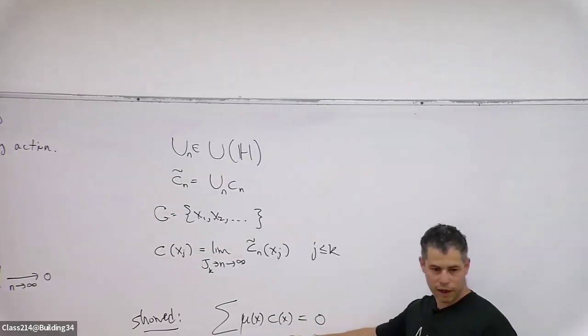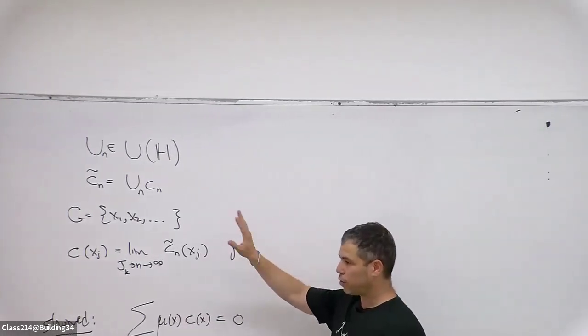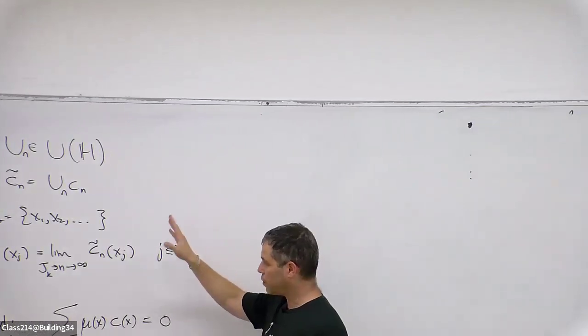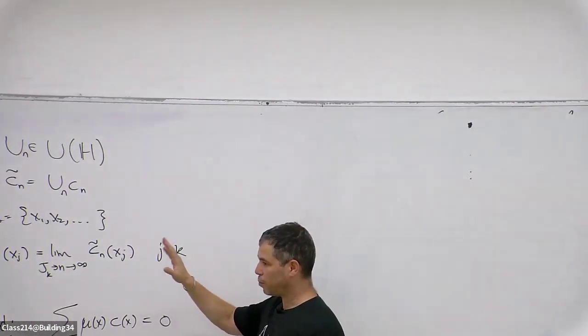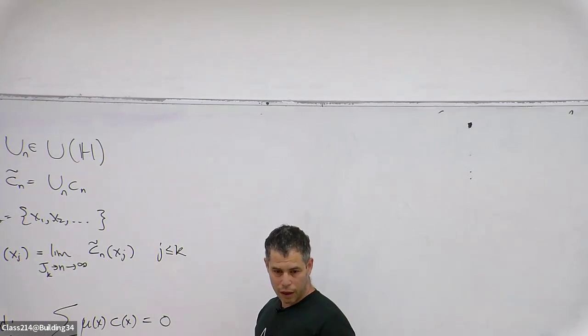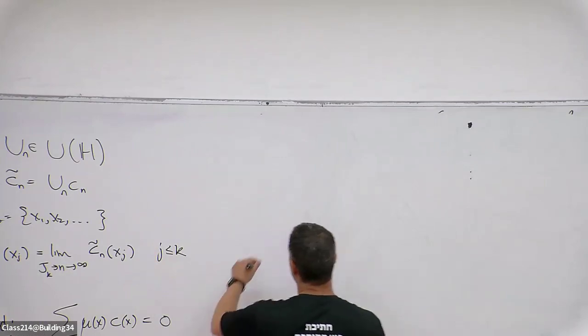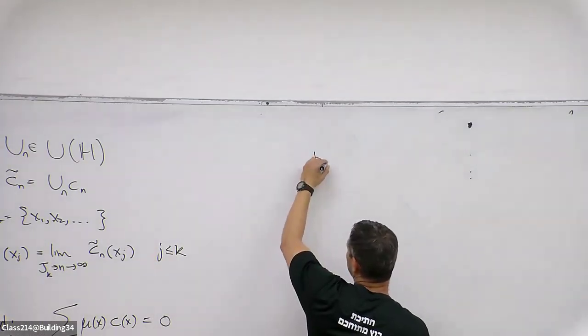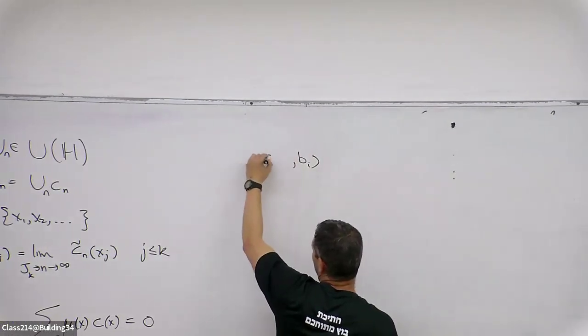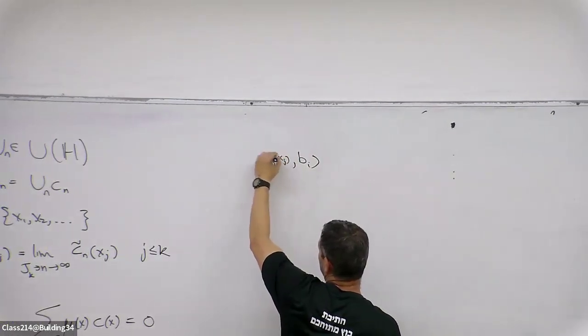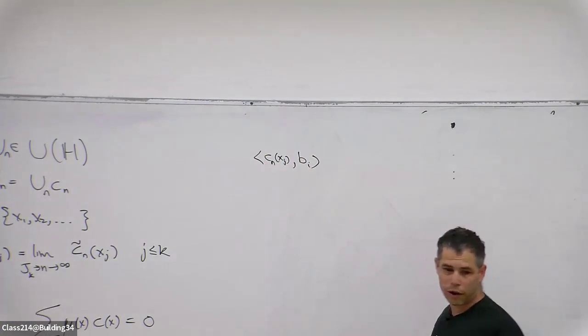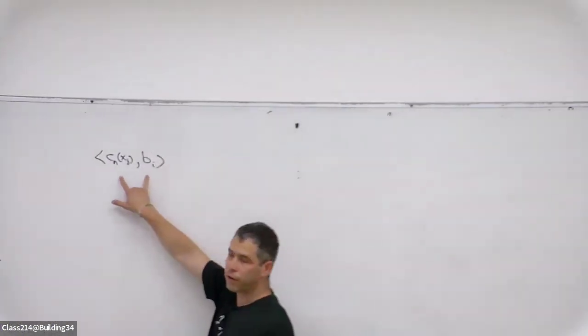Now I want to stress that this construction with the UNs is important. For example, you could imagine that I take some orthonormal basis Bi and I look at the inner product of Cn of xj with Bi. Now these things converge. Why do they converge? Because they're bounded sequences.